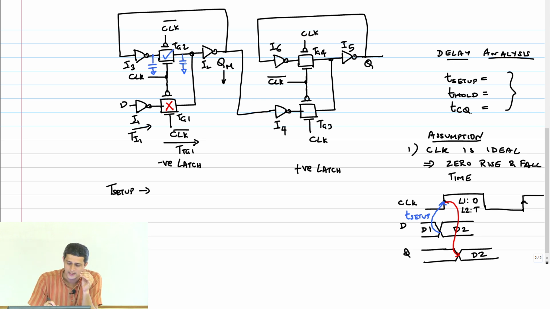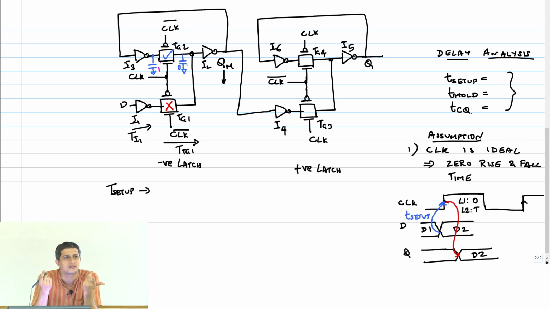For example, if this stored a 0, theoretically, and this stored a 1, then when my transmission gate TG2 turns on at the positive edge, just after the positive edge, this 1 and 0 will charge share. And now there is going to be a fight between this 1 and 0. So if this guy is 1, how is he being held at 1?